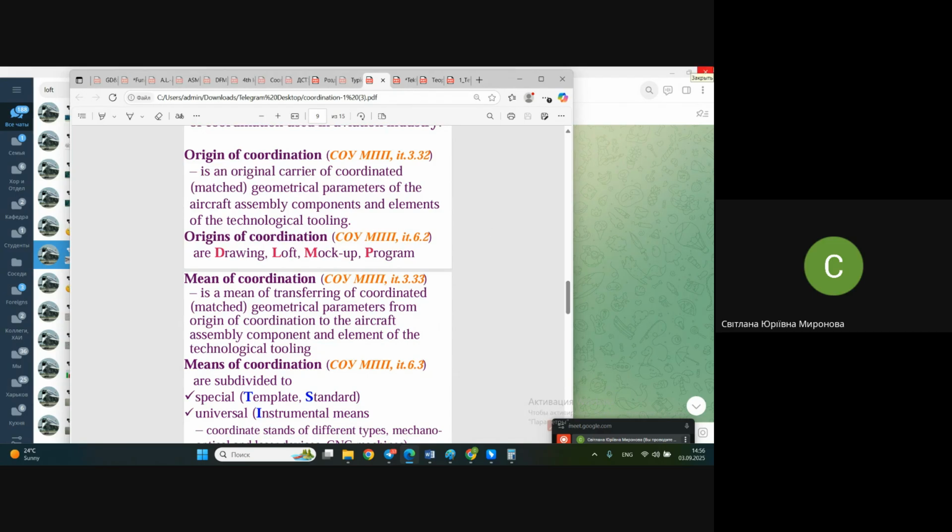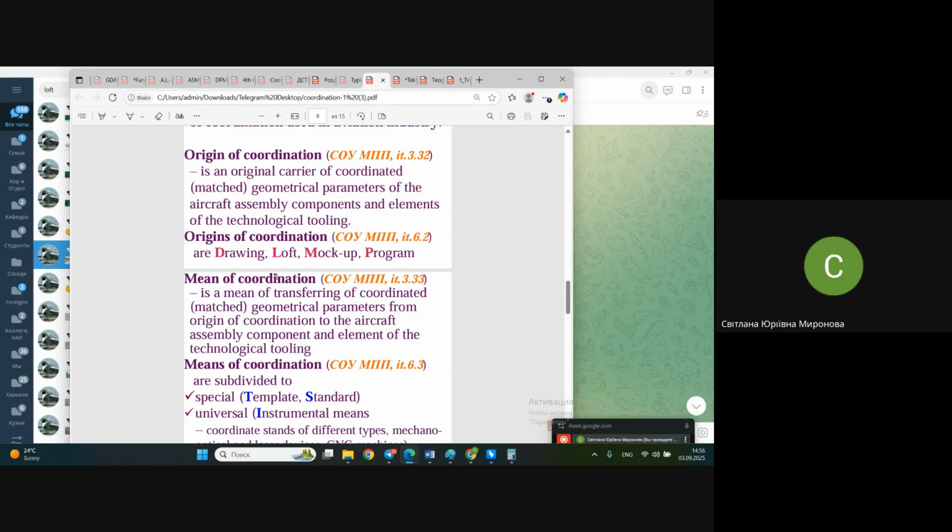Well, let's continue because we need to finally finish this story. So, origin of coordination may also be a CNC program. And what is the means of coordination that works with the CNC program? CNC machinery, or laser tracker, or coordinate measuring machine, and so on.